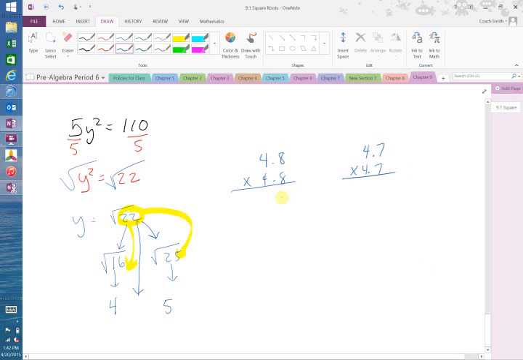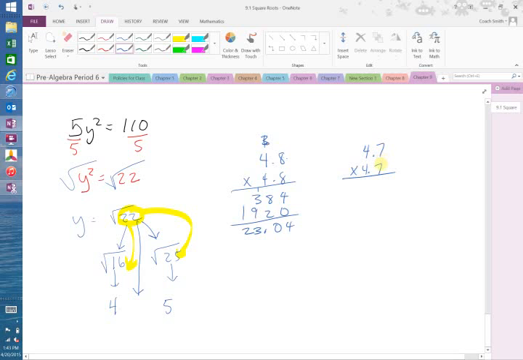So that's 8 times 8, 64. 8 times 4 is 32, plus 6 be 38. Bring down my 0. 4 times 8 is 32. 4 times 4 is 16, plus 3 to be 19. That gives me 23.04. Okay, that's too much, but it's still fairly close.